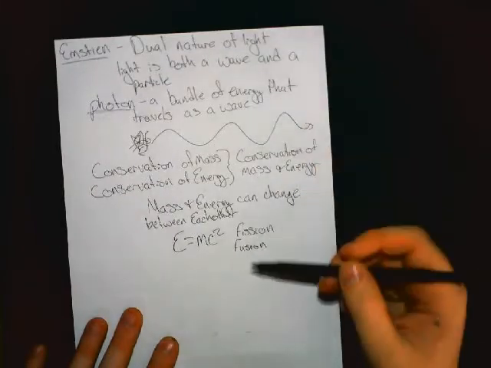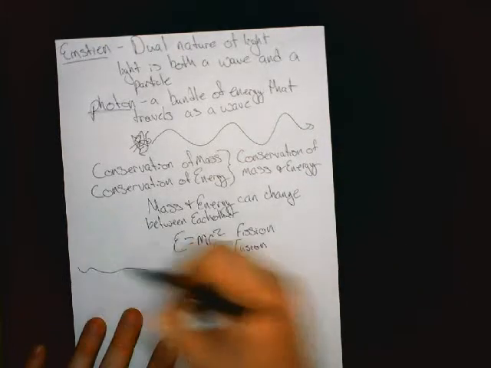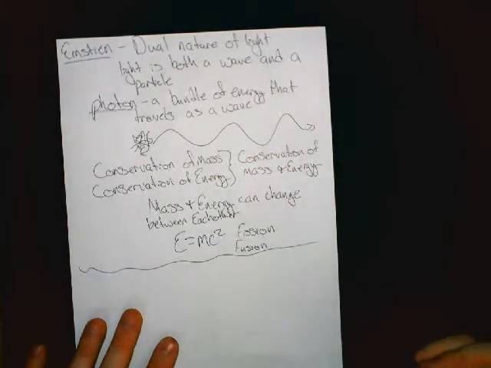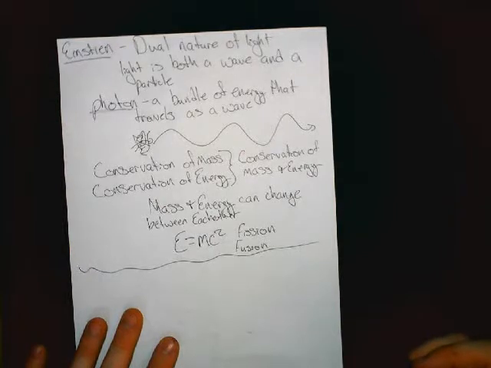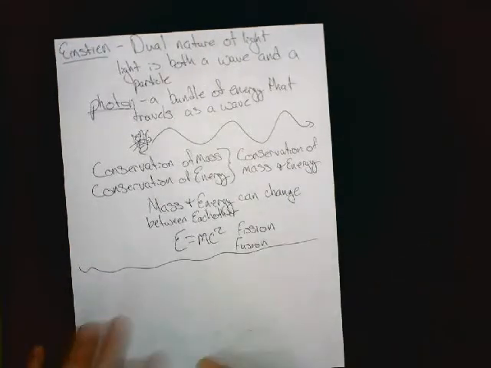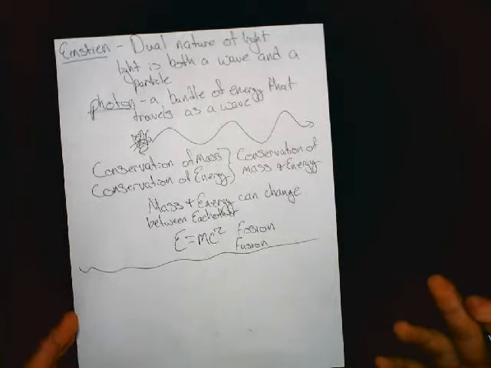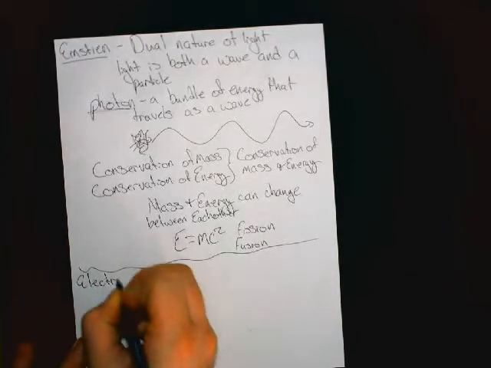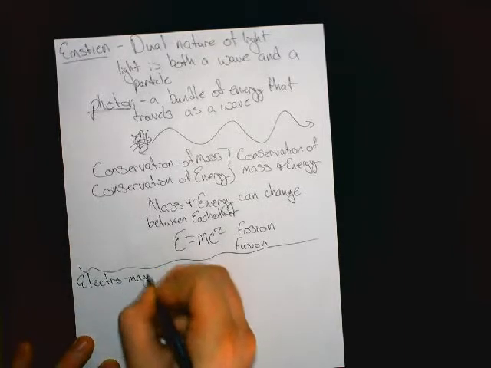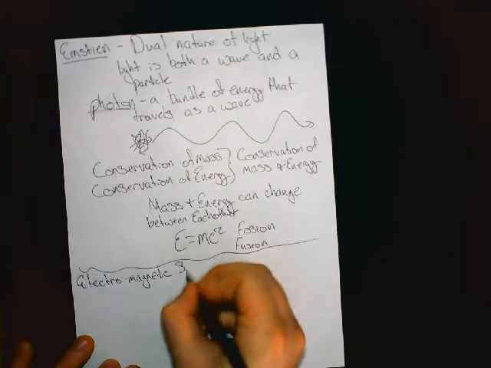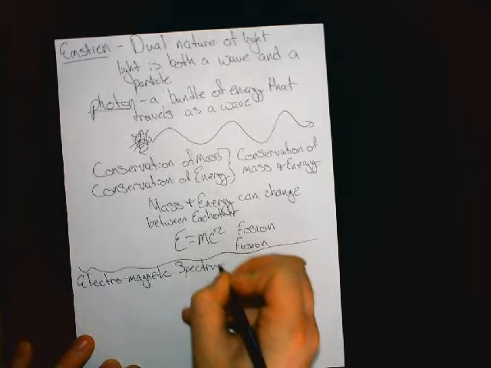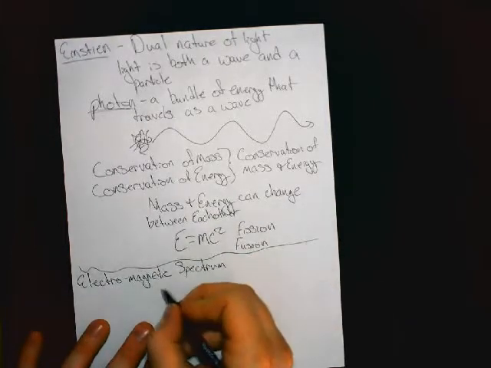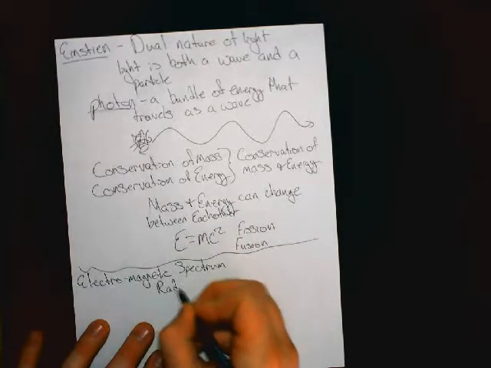All right, so we've got what is light. We've got how does light interact with things. What we don't have is the different categories of light. And this is the electromagnetic spectrum. Okay. Electromagnetic spectrum, we're going to start with radio.